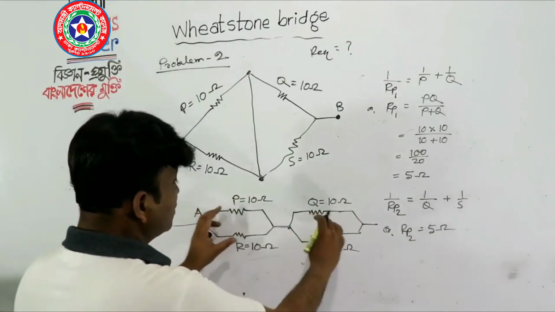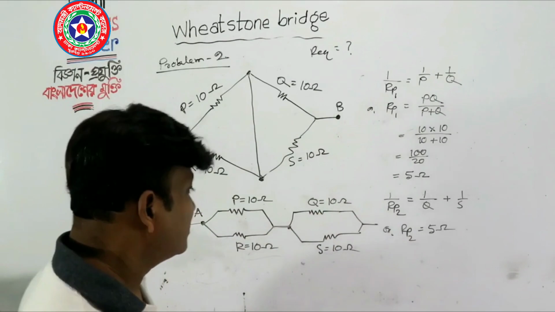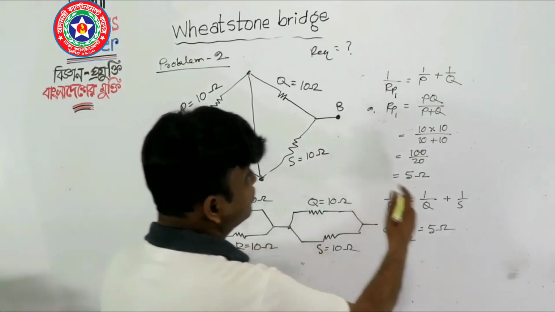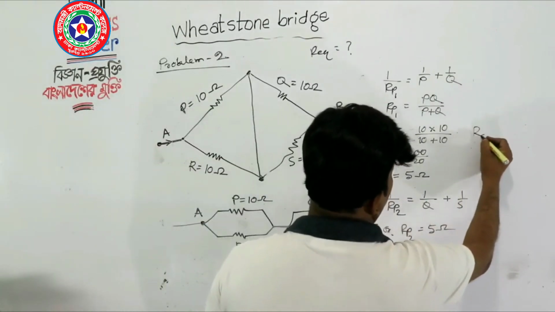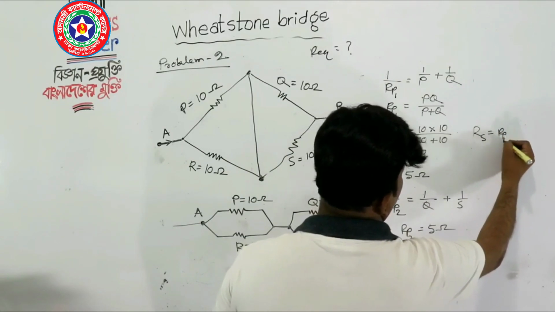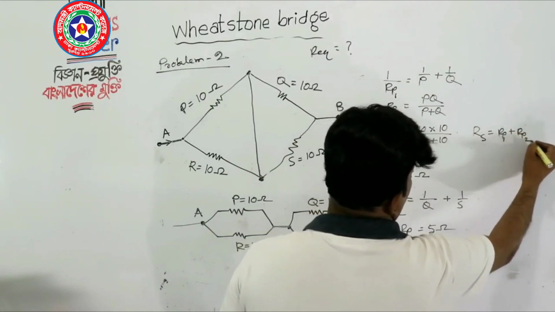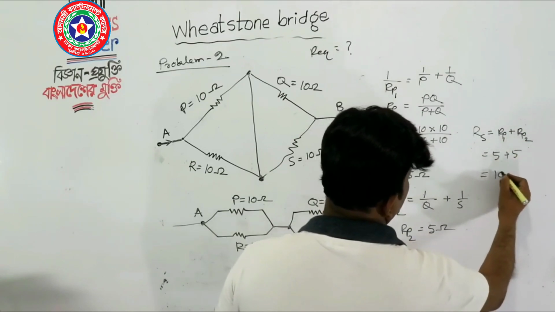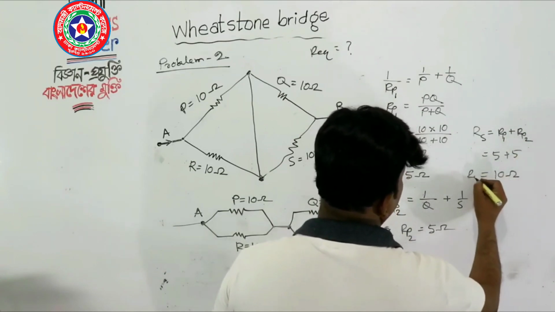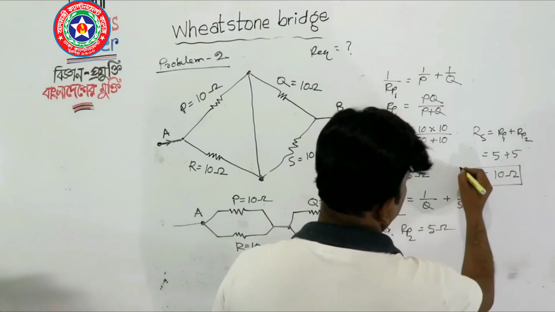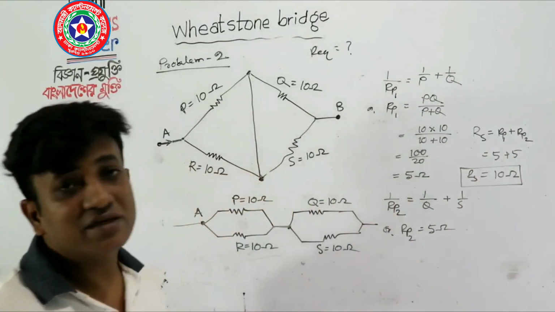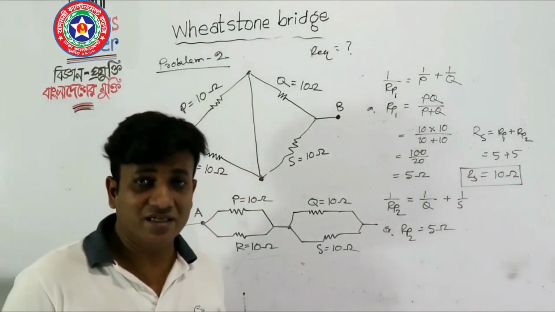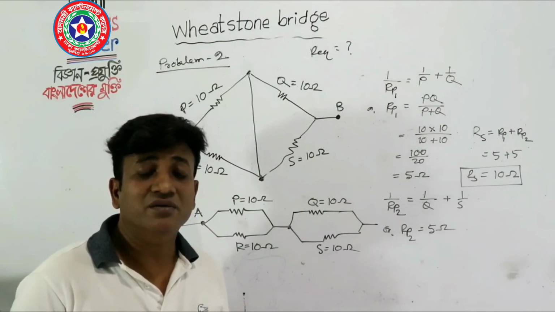But these two circuits are connected in series, that's why their equivalent resistance will be Rs equals Rp1 plus Rp2, that is 5 plus 5 equals 10 ohms. This is the equivalent resistance of this circuit. Hope you got it.